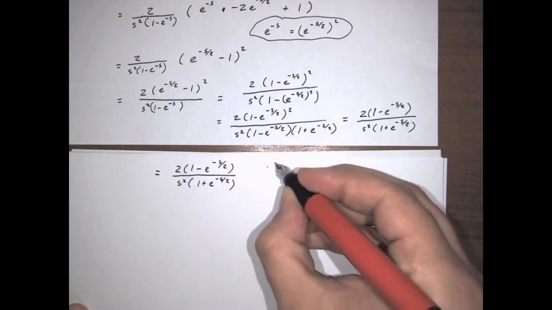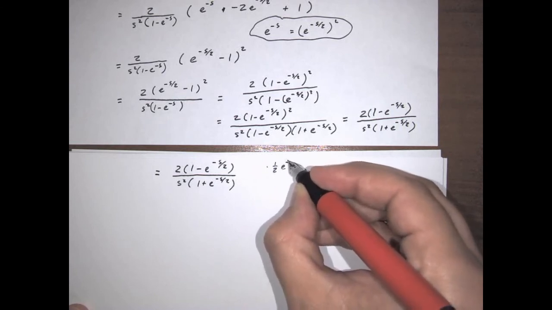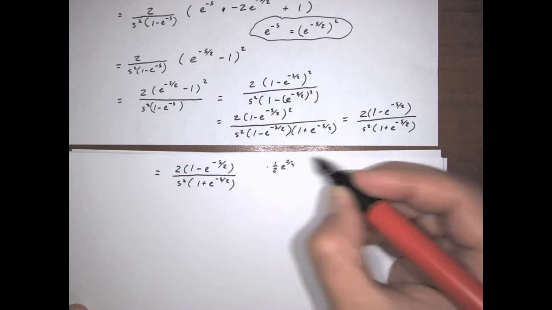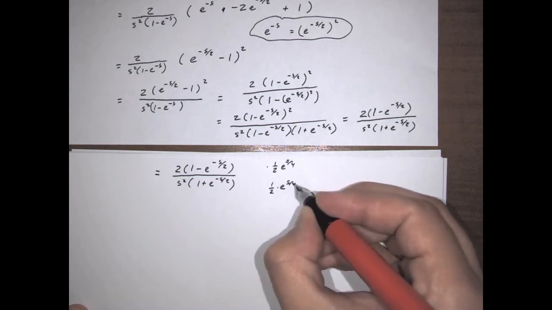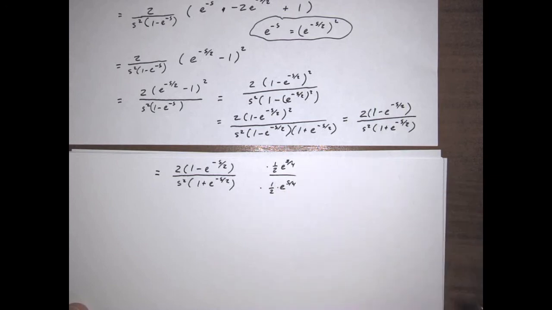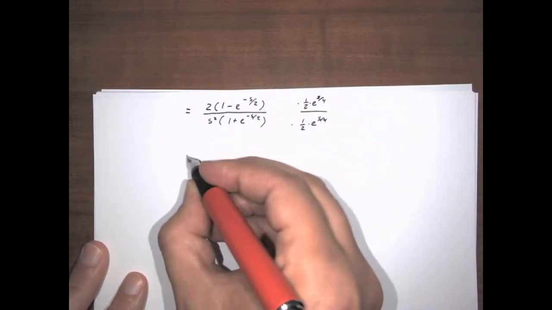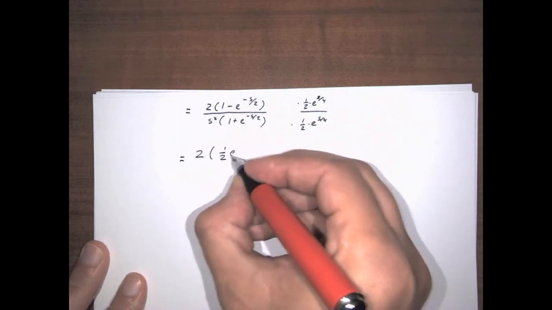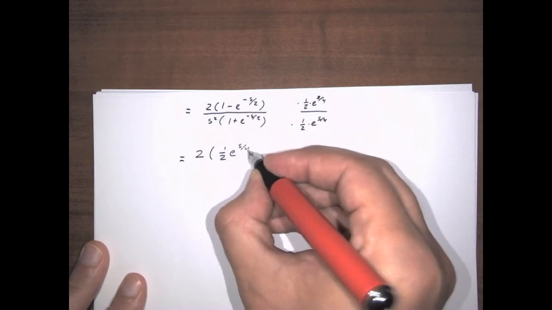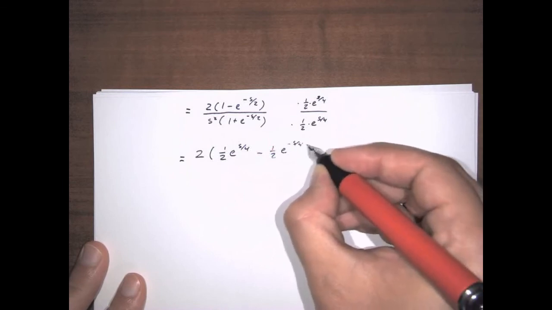And what we would do is multiply the entire top by 1/2 e to the s over 4, and the bottom also by 1/2 times e to the s over 4. And the reason for that is, when we distributed that through, on the top we would end up getting 2 times 1/2 e to the s over 4 minus 1/2 e to the negative s over 4.